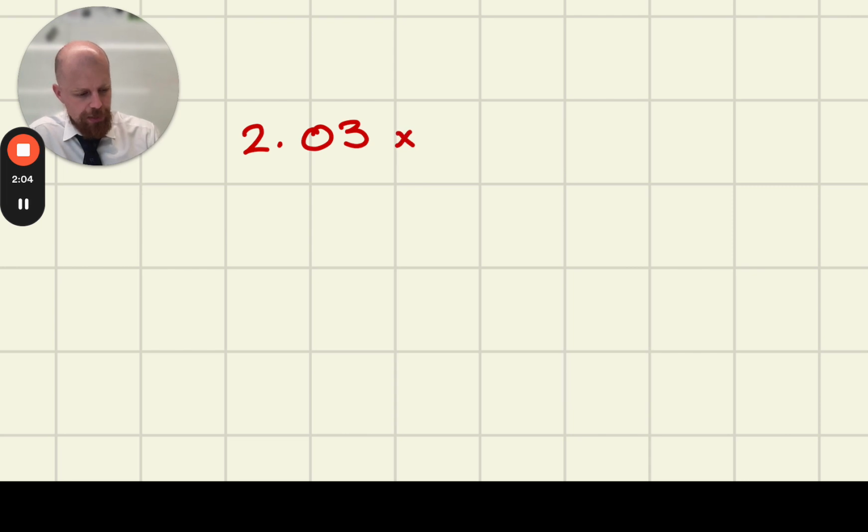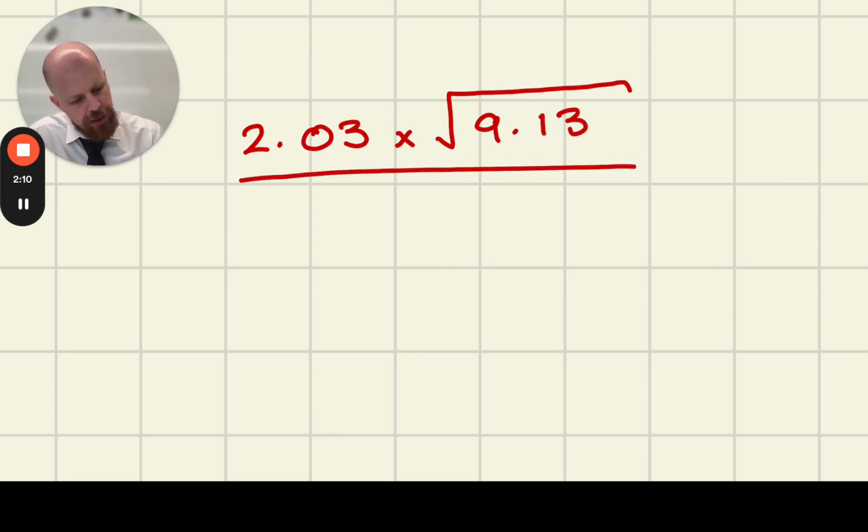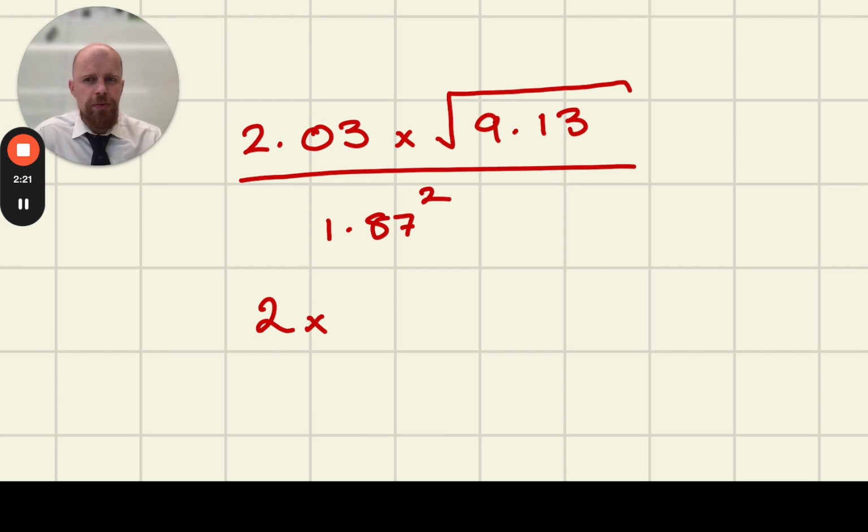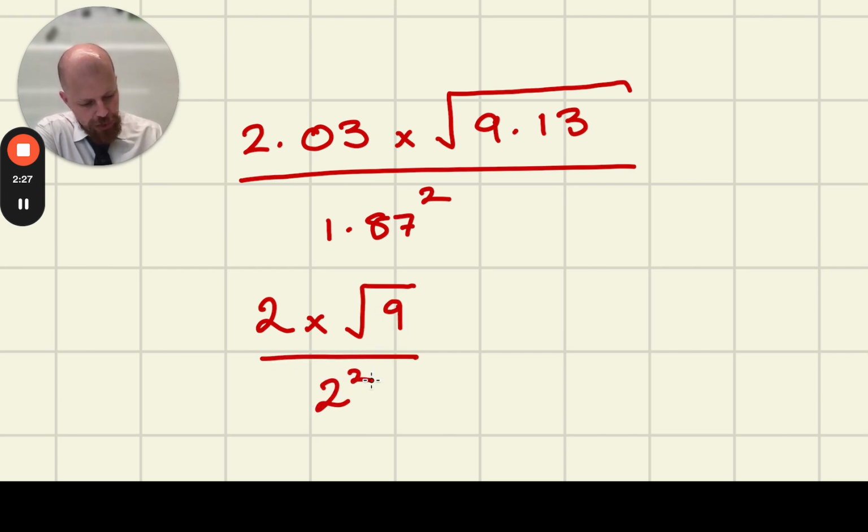2.03 times the square root of 9.13 divided by 1.87 squared. Now, 2.03 becomes 2. 9.13, we can't take the square root of that very easily. What I can do is square root 9, and then I can change 1.87 to be 2 squared.